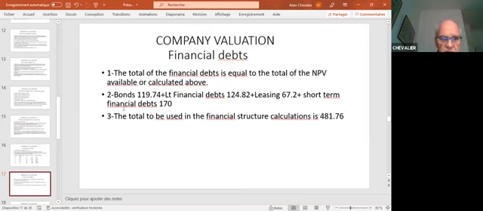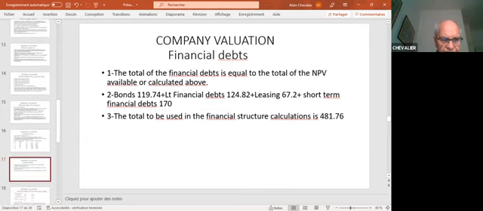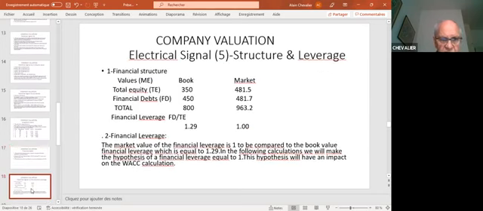So you have another view of the financial structure of a company, and you can compare the financial structure, which is here, for the equity and for financial debt, in terms of book value and market value. What we knew at the beginning were the book values.